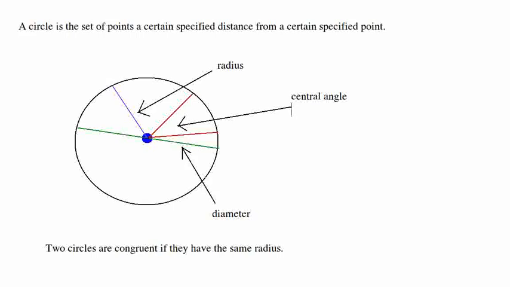Okay, what about if a central angle corresponds to a diameter? Can you see that a diameter corresponds to half of a circle? Okay, and therefore that a central angle with respect to a diameter has a measure of 180 degrees. Okay, and then lastly, a central angle that corresponds to an entire circle has a measure of 360 degrees.